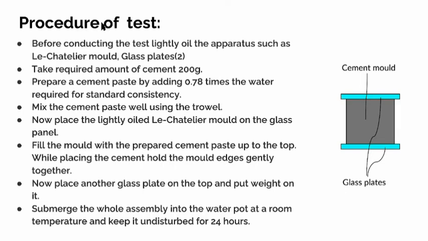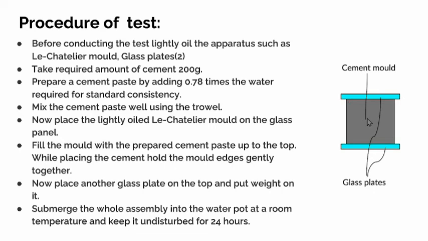Take 200 gram of cement and add water of 0.78 times standard consistency. After mixing, the cement paste is placed into the mold. The mold is covered by the glass plates from both sides.